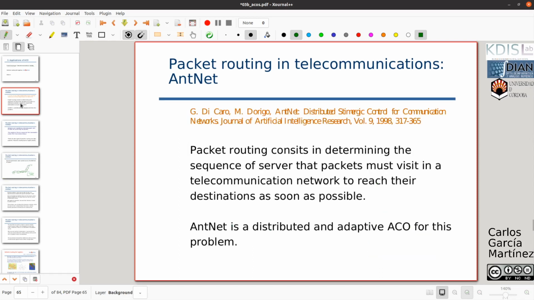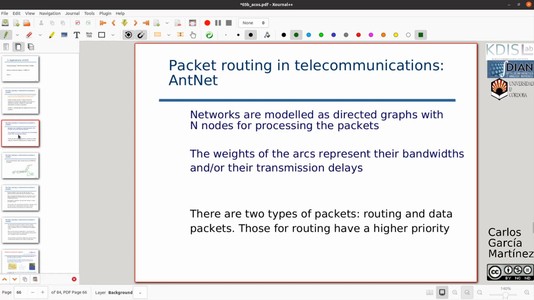So the idea is that in this network, there are two types of packets. The data packets I commented previously, but there are also some routing packets. And actually, these routing packets are kind of ants, which are wandering on the network.